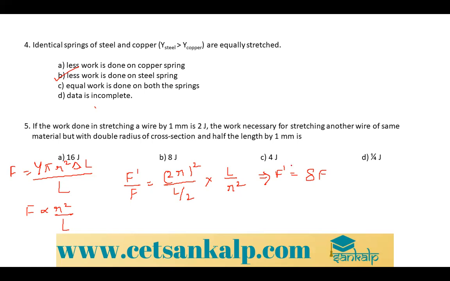Again, we have the formula: W is equal to half F into delta L. For the same extension, what we discussed previously was for the work done.